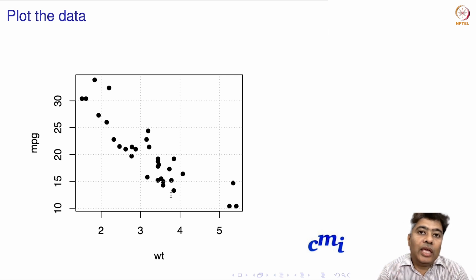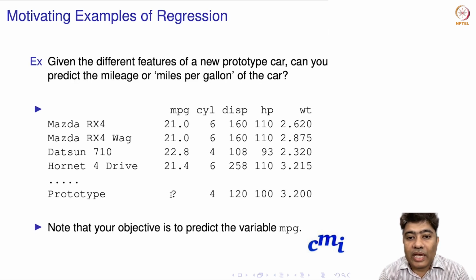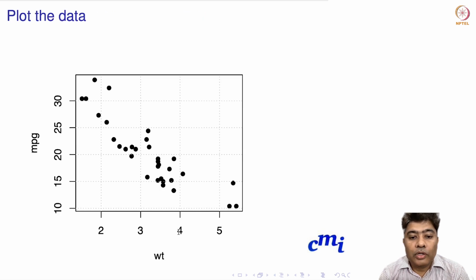So like in any data science project, we will start with some visualization. Suppose you take the weight variable and the miles per gallon, and we plot them. What we are seeing is that as the weight of the car increases, the miles per gallon decreases.